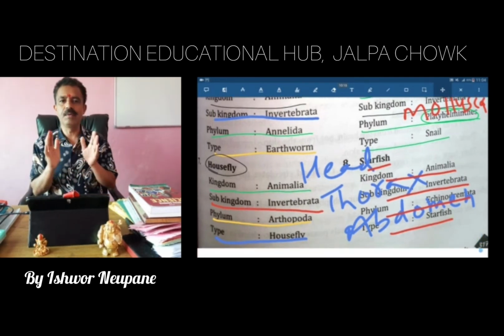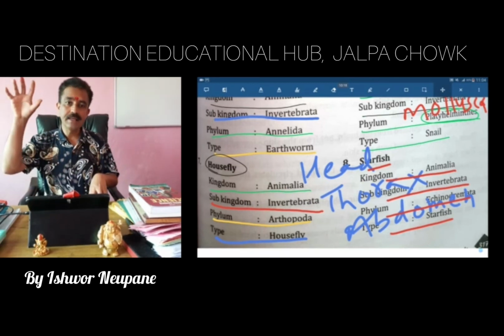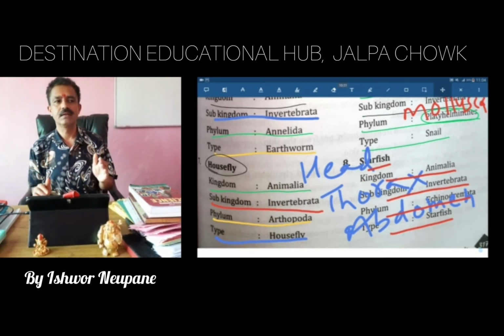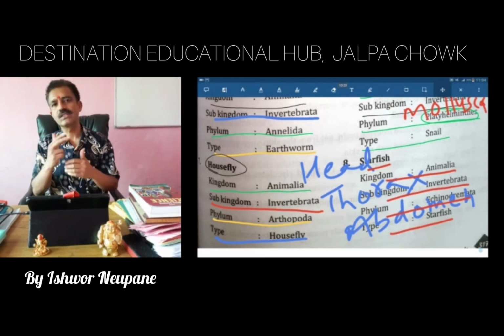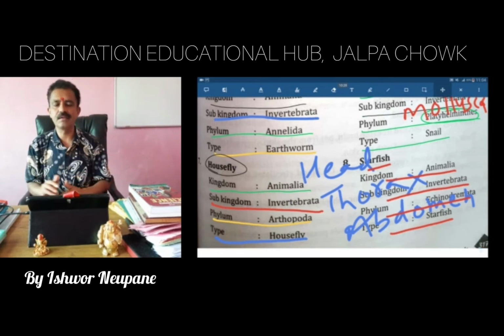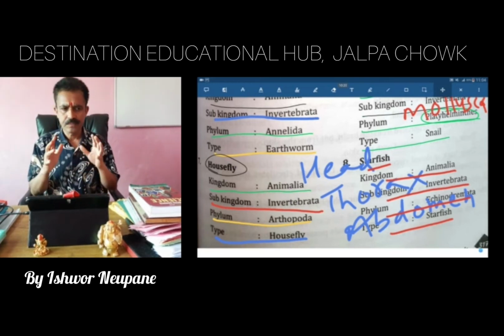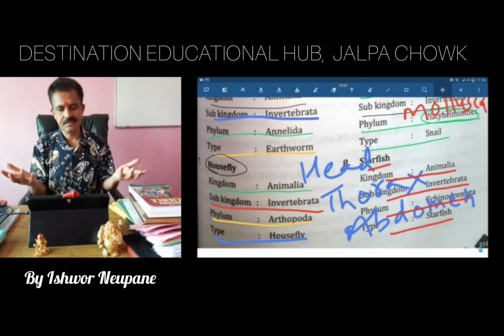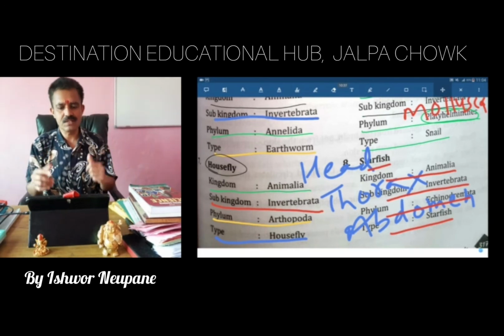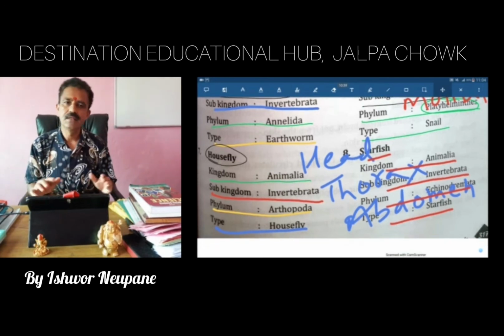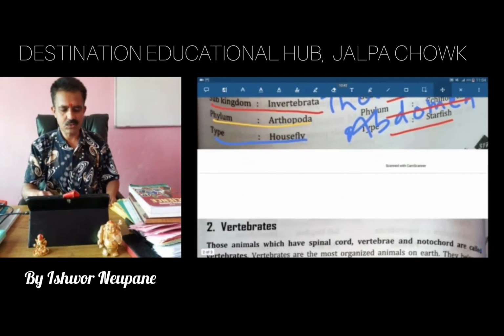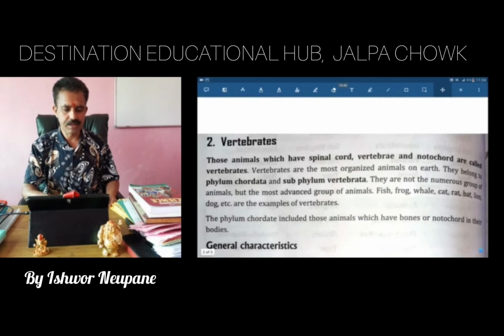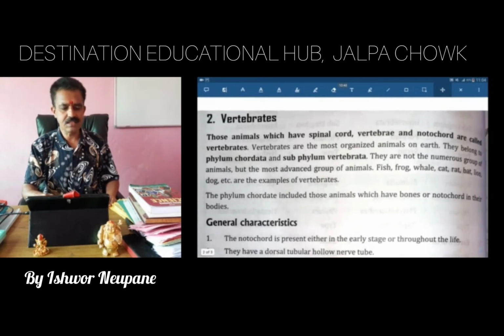Dear students, you remember in invertebrates, kingdom Animalia, subkingdom Invertebrata, and phylum maybe Porifera, Coelenterata, Platyhelminthes, Nemathelminthes, right? And type and distinguishing features you have to write. Is that clear? Okay. So let's go to the next one, the next group of animals, vertebrates.